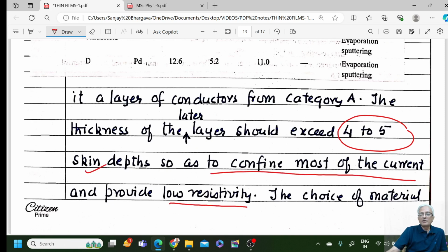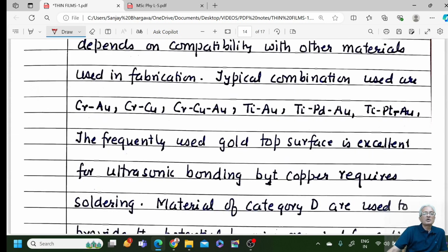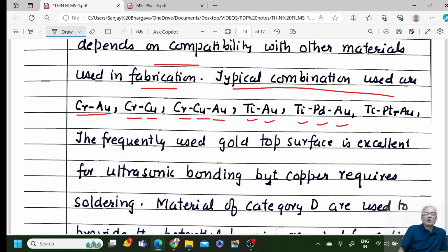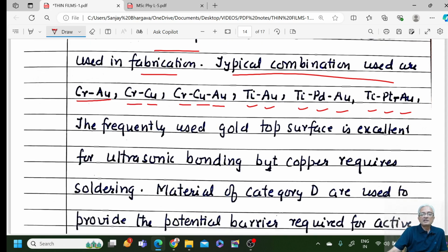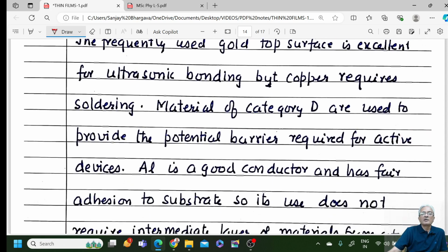The choice of the material depends on compatibility with other materials used in the fabrication. Typical combinations used are chromium gold alloy, chromium copper alloy, chromium copper gold, titanium gold, titanium palladium gold, titanium platinum gold. The frequently used gold top surface is excellent for ultrasonic bonding, but copper requires soldering.